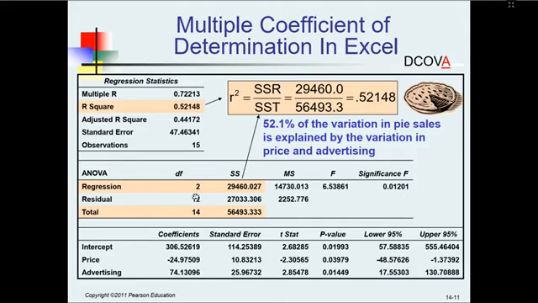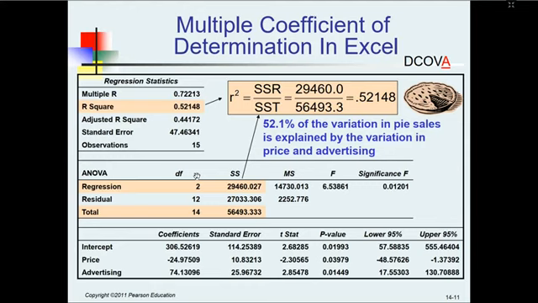Okay, so that's the meaning, because it's not only price and advertising that determines sales. Customer relationship by those who are selling and all those things are also factors. But those factors are not captured in the model.